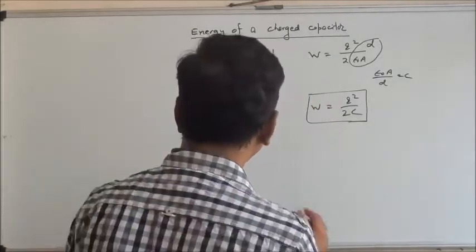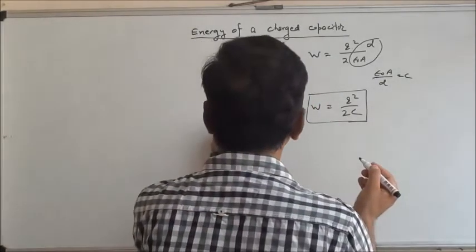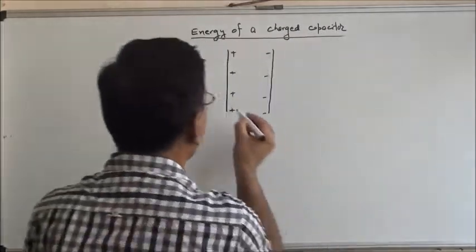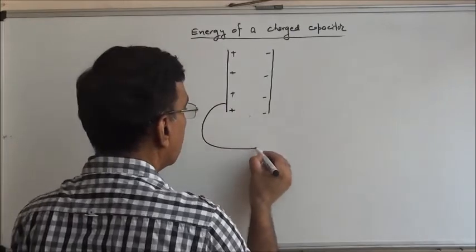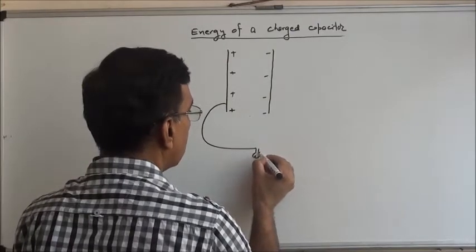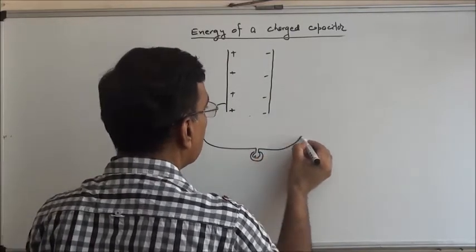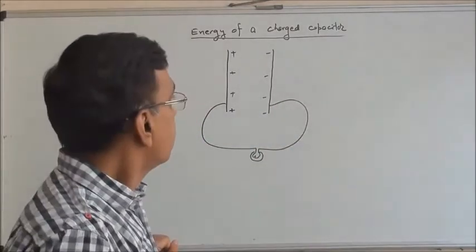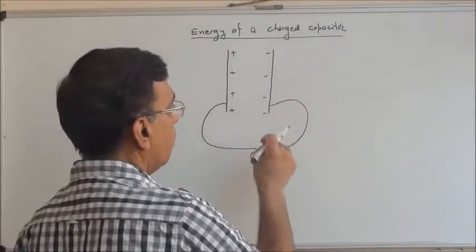Now how do we know if we have a capacitor actually? We are saying it is just like a temporary battery. What will happen if I connect a bulb? These electrons will start moving.